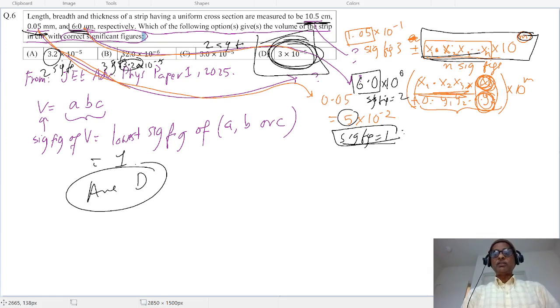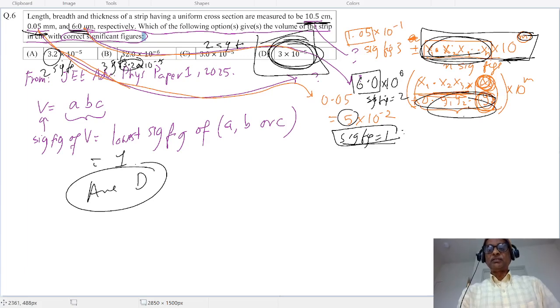Just try to write the number in scientific notation, and you'll immediately know how many sig figs you need to write. And they all refer to the uncertainty that you will have in your experiment. So this experiment is uncertain in the last digit. So all of it is uncertain right here.